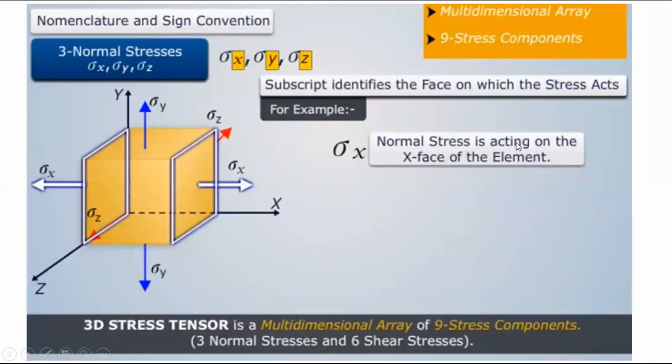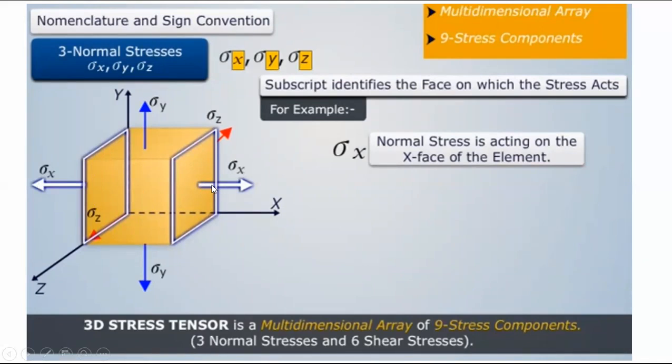Now, normal stress is acting on the x face of the element. Both these are x faces, this one and this one also. And you can see that here is sigma x. Sigma x means normal stress in the x direction, that is the direction of the x-axis. Here also it is in the direction of the x-axis. If stress were a vector, it should not have two directions at the same time.